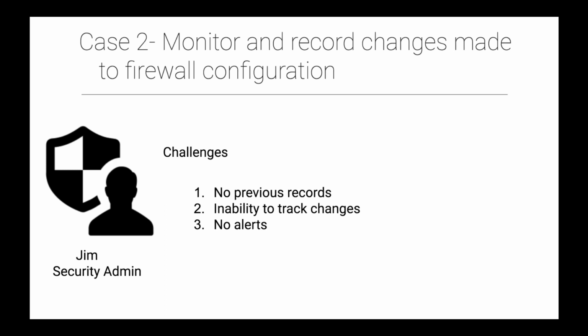Obviously Jim's company wants to avoid this in the future, and hence the second task that has been assigned to Jim is to monitor and record all changes to the firewall.